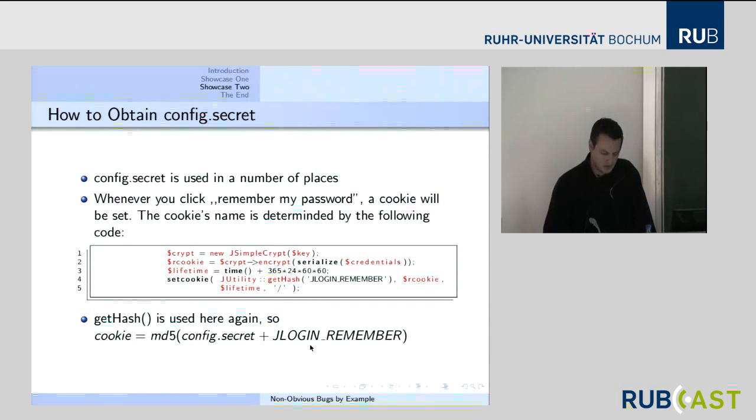Good. So this is the password remember cookie. Well, at least they don't directly leak config.secret in here. So the question is, how can we extract config.secret from the cookie that was set?